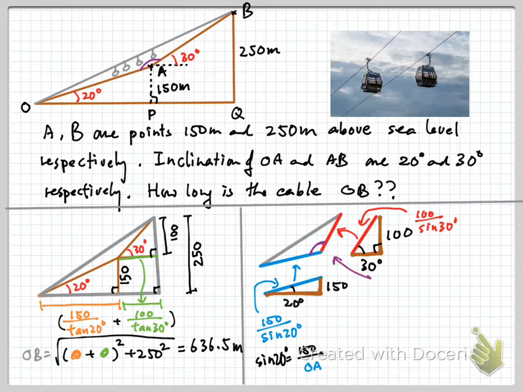The purple angle here, if you look at what happened around here, you have point A, and let me put back the horizontal line. The horizontal line will be like this. So this is 30 degrees as the inclination of AB.